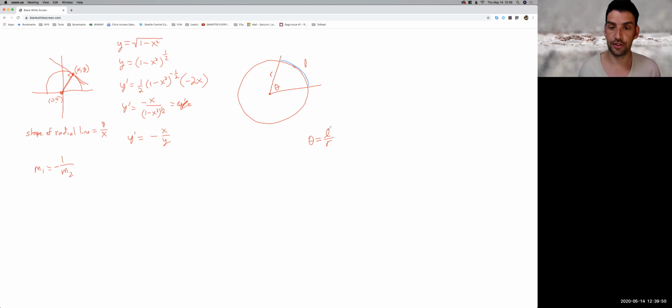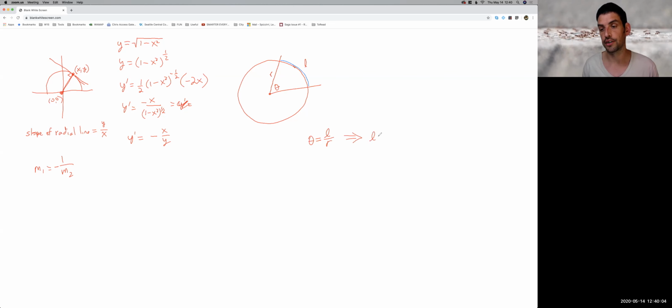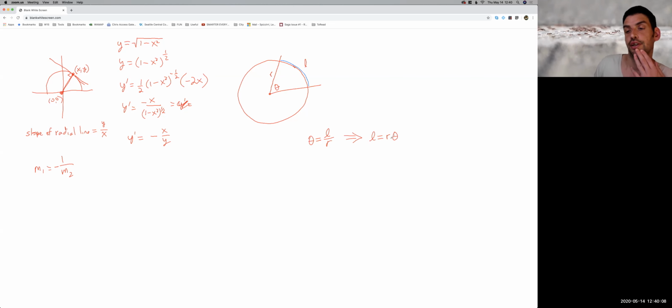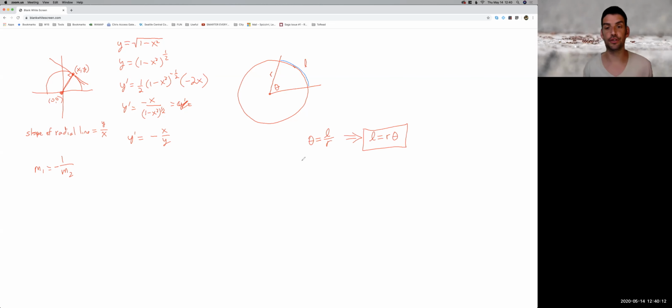We get an angle of 0, right? Should also tell you what 1 radian is. 1 radian is the angle so that the arc length is equal to the radius here, okay? Well, this gives us a nice formula. If we're measuring things in radians, the arc length is just equal to the radius times the angle measure, okay? So that's another little fact I'm going to use a little later in this problem.